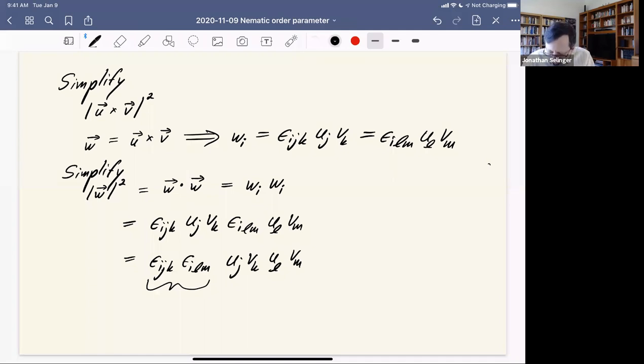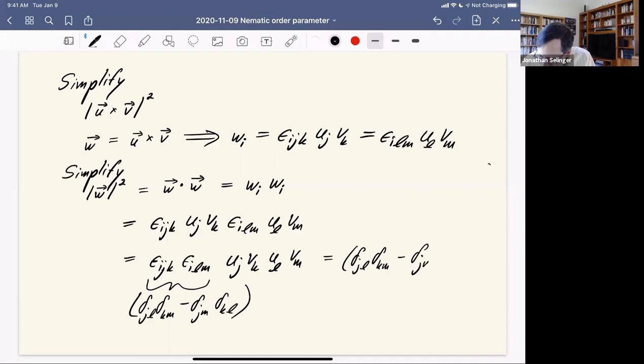We get first deltas where the second index matches the second index, delta_jl delta_km, minus what happens if the second matches the third, delta_jm times delta_kl, times u_j v_k u_l v_m.